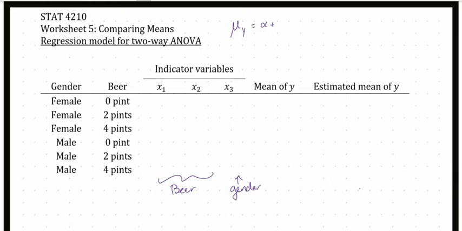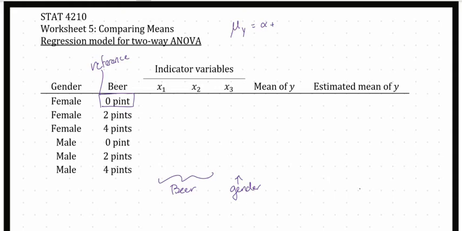So we're going to start off by coming up with indicator variables for the beer categorical variable. We're going to say that 0 pints is going to be our reference group, or our default group, as the language we've used before. Because it's really interesting to see, relative to having no beer at all, 0 pints of beer, what is the change in the response for someone who has had 2 pints and someone who has had 4 pints. 0 seems to be the default.